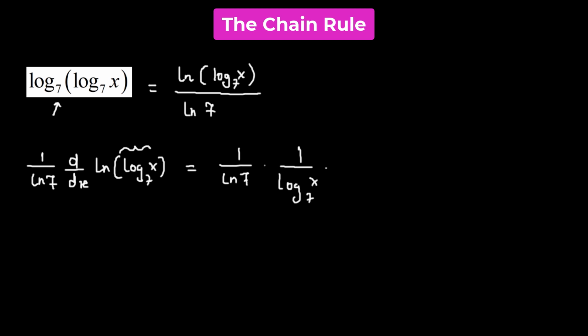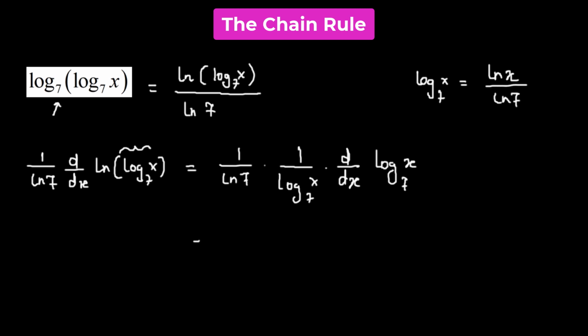But since it is not x, we need to multiply it by the derivative of log of x to the base 7. Then again, we are going to change log of x with base 7 to natural log of x divided by natural log of 7.